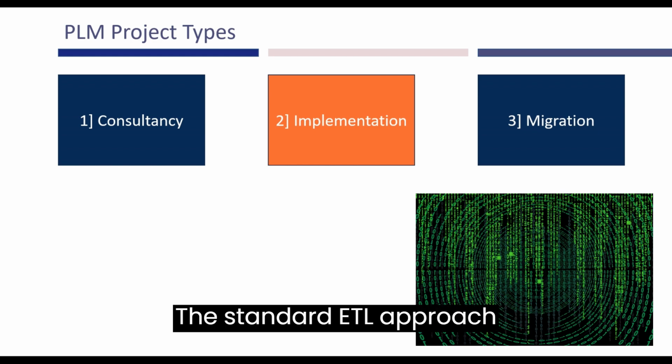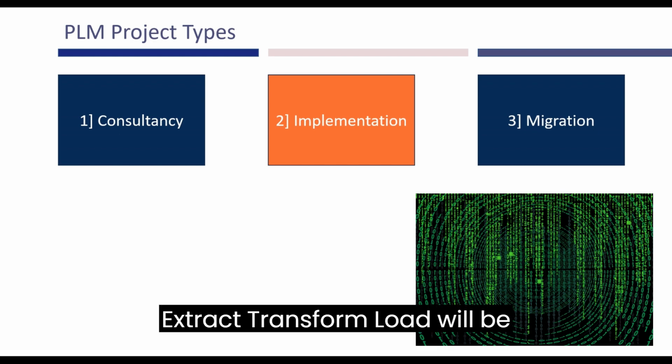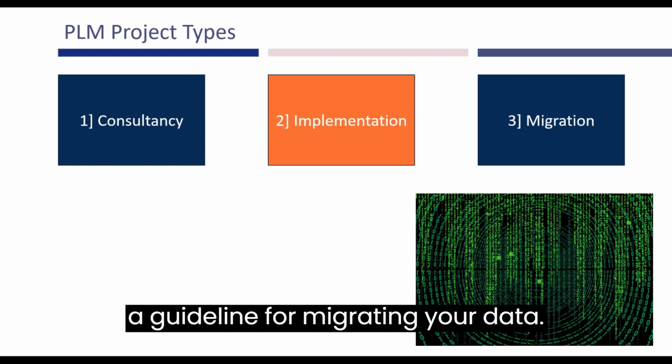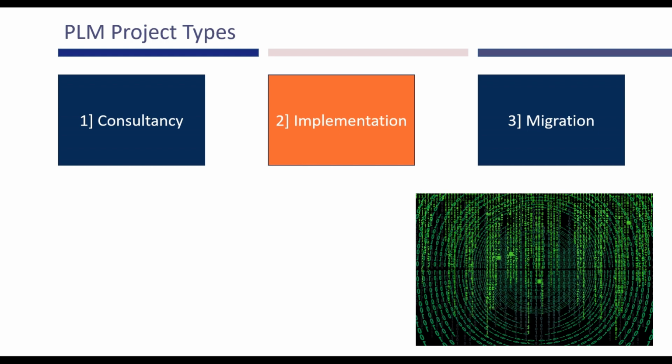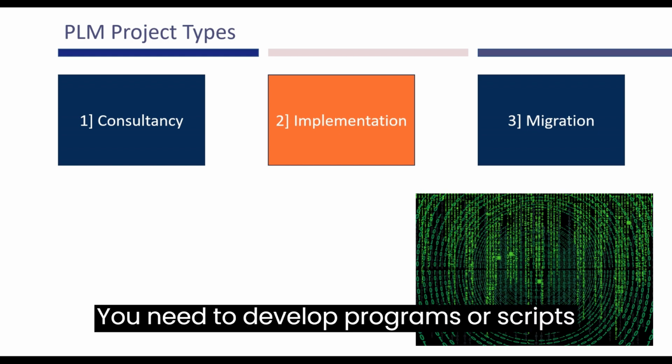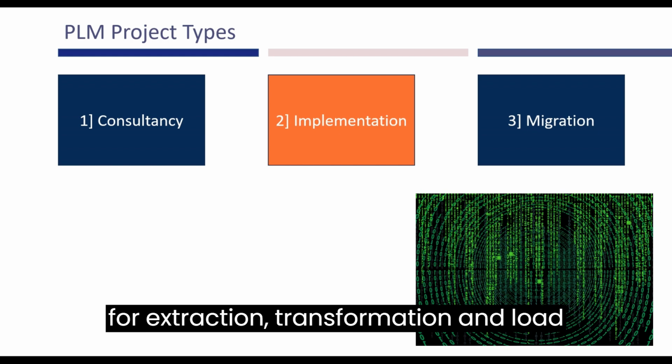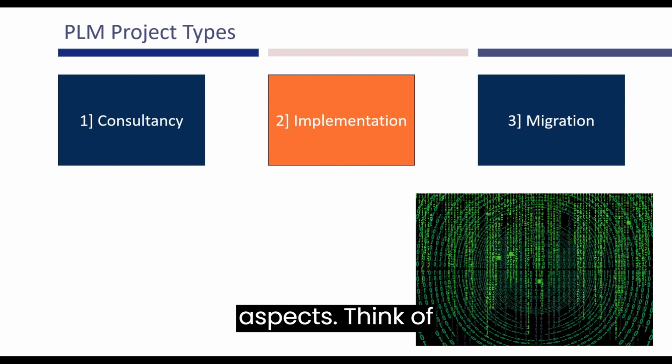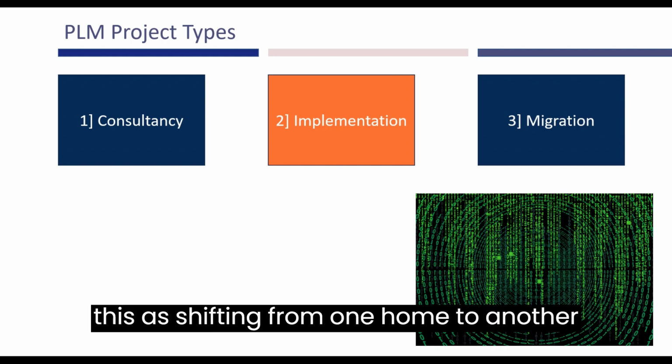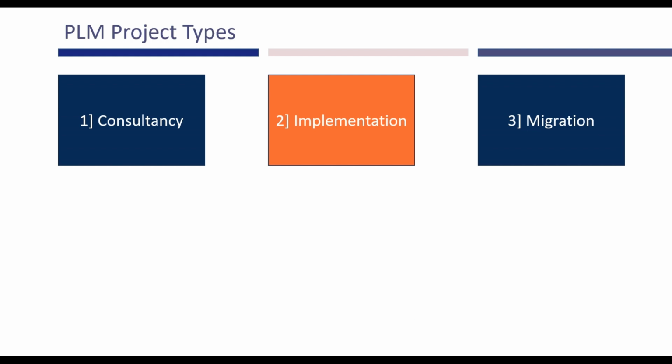The standard ETL approach, extract, transform, load, will be a guideline for migrating your data. You need to develop programs or scripts for extraction, transformation, and load aspects. Think of this as shifting from one home to another home.